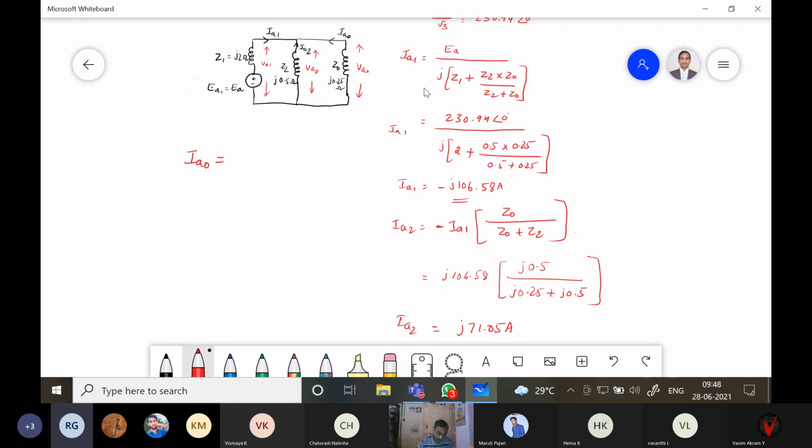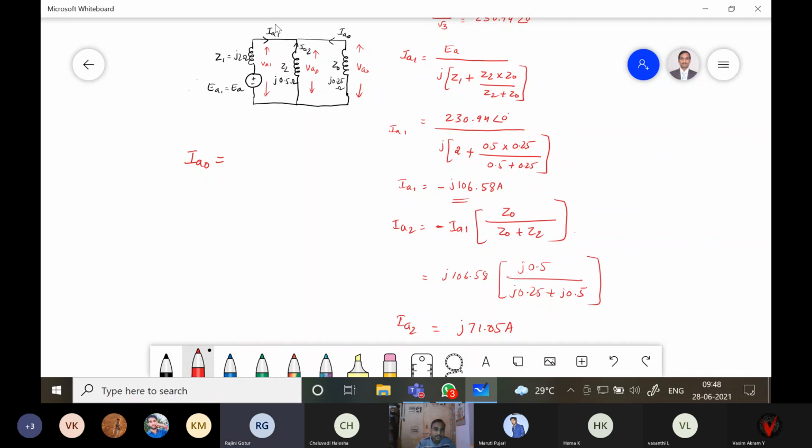IA0 is equal to minus IA1 into Z2 divided by Z0 plus Z2.